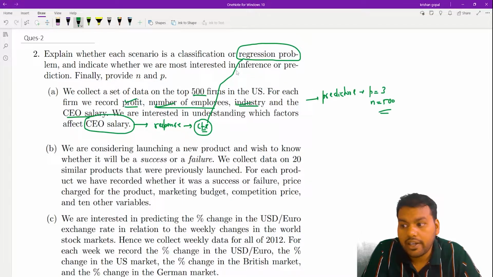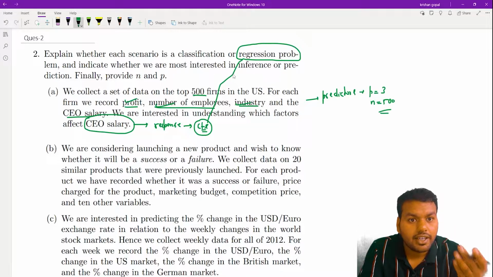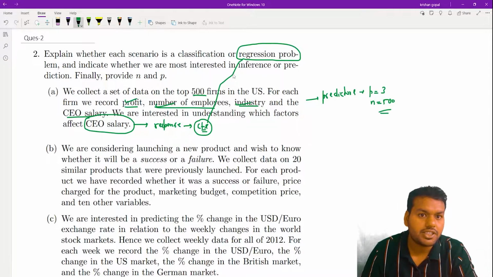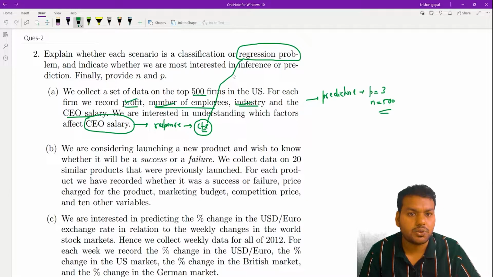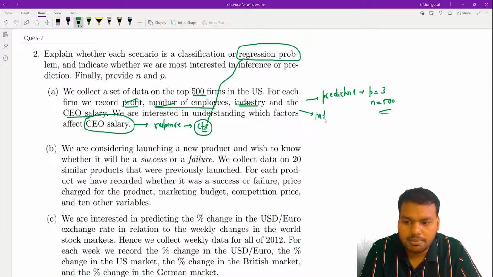And we are interested in understanding. We are not going to predict the next CEO salary based on these factors. We are interested in understanding the relationship between these predictors and the CEO salary. So that clearly indicates this is an inference problem.